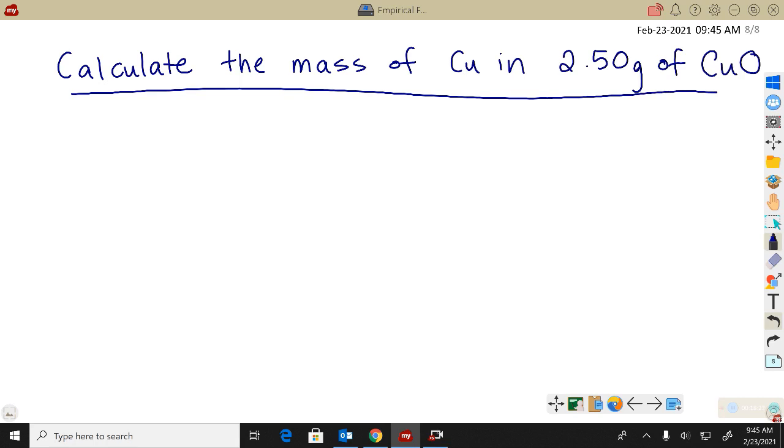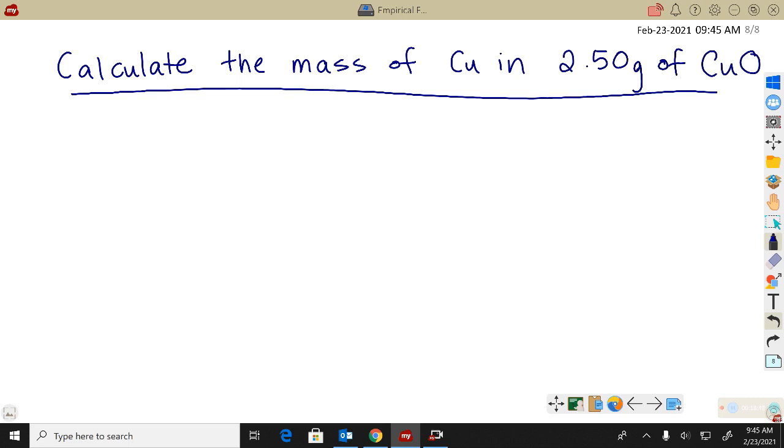How many grams of copper should have been in my original sample of copper oxide? I started with about 2.5 grams of this black copper oxide. How much copper should have been in that sample?